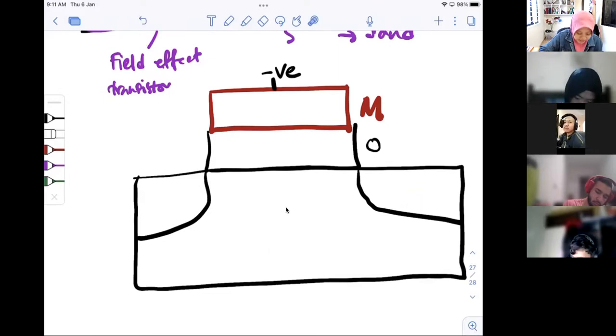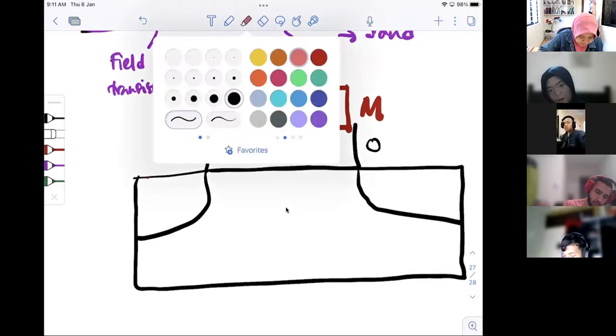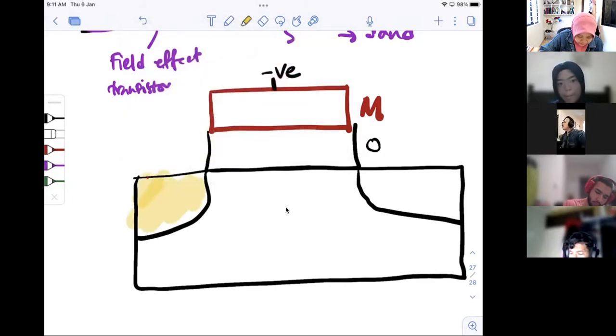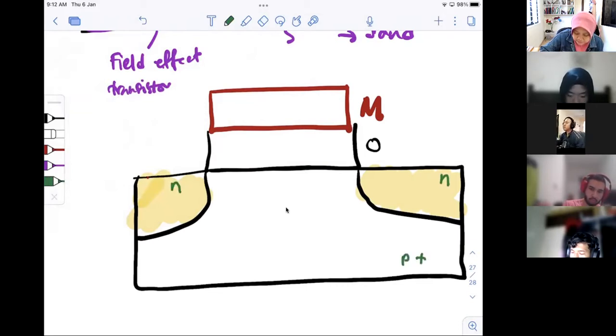This region over here and the region over here, I dope with N-type. This is also N-type, and this is P-type. It's still a piece of the same semiconductor, but now I dope it slightly differently.